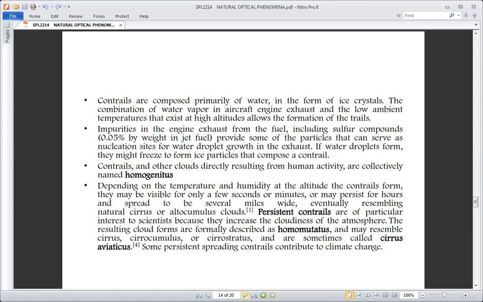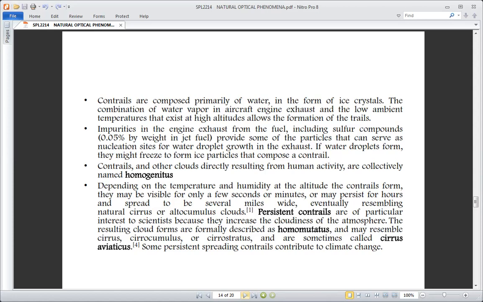Let me again give you the example of breathing hot air into the atmosphere. That one does not last for a very long time. It probably disappears within a few seconds. Why? Because the temperature difference is not very big. But up there, when you see a contrail that lasts for a very long time, sometimes for hours, what does it mean?